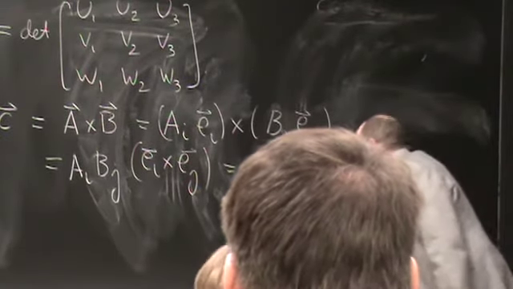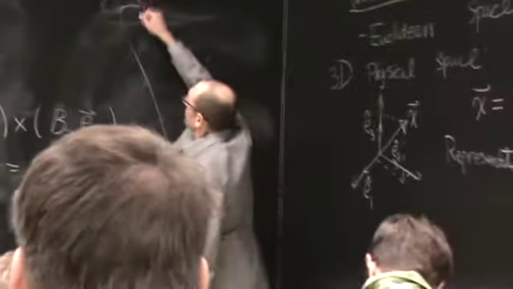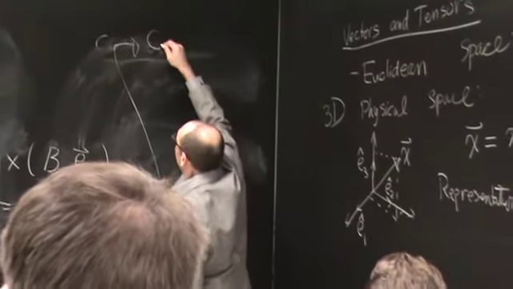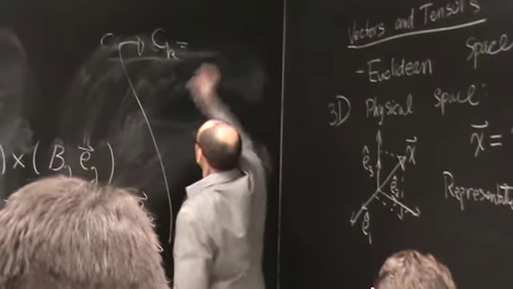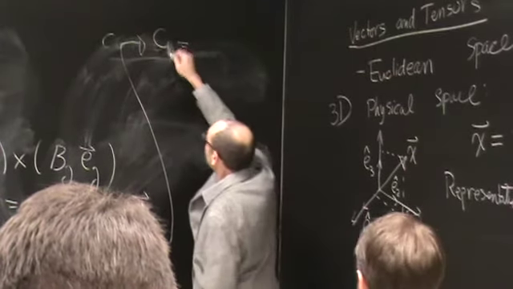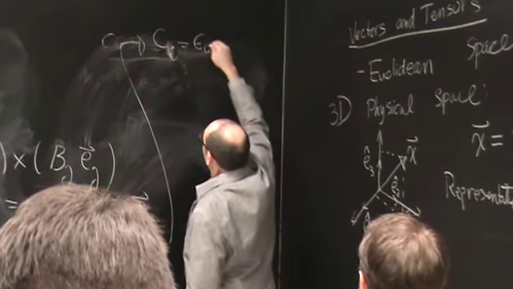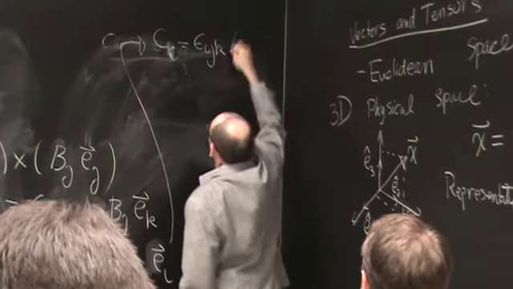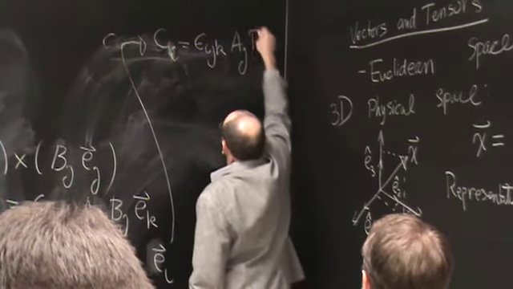Then this tells us that the ith component of C, that's C sub i, is epsilon ijk a_j b_k.